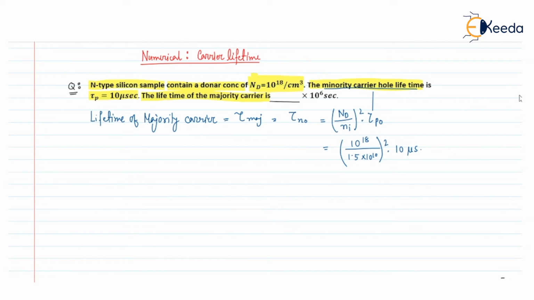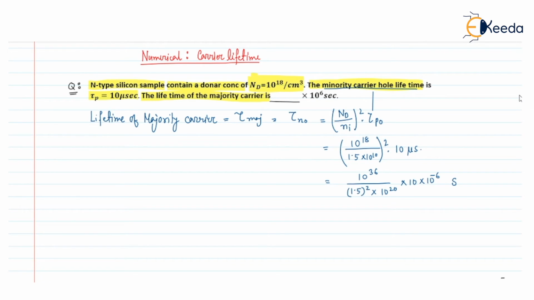From this equation we can say it will be 10 to the power 36 divided by 1.5 whole square into 10 to the power 20, into 10 to the power minus 6, because it is in microsecond.